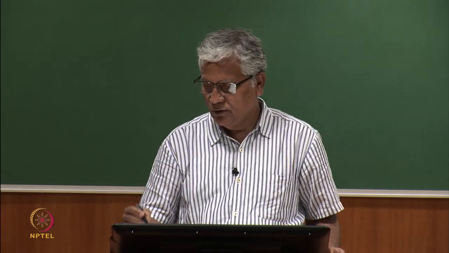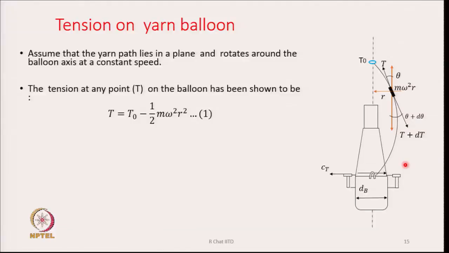It follows a 3D curve, and that is because of the air drag. Though in this diagram we are showing it as if it is in the xy plane, in the actual case the yarn is inclined, and therefore, it is never in one single plane. But for the time being, for this analysis, assume that the yarn path lies in a plane and it rotates around the balloon axis at a constant speed, and that speed is omega.